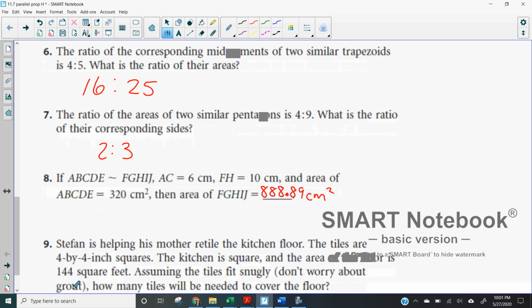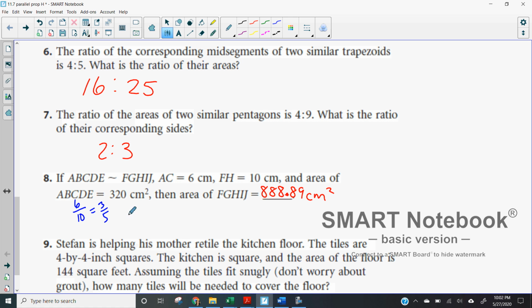And then, let me see if I have any more comments on 6, 7, or 8. So for example, number 8 is one of those where you just want to make sure that you're using the correct ratio to start. So look back here real quick. They give you, so those sides, these would be sides, 6 to 10, if you want to use the reduced version of that, that's 3/5.